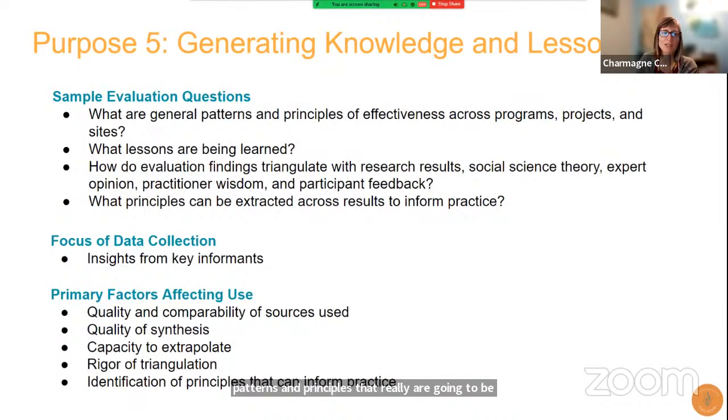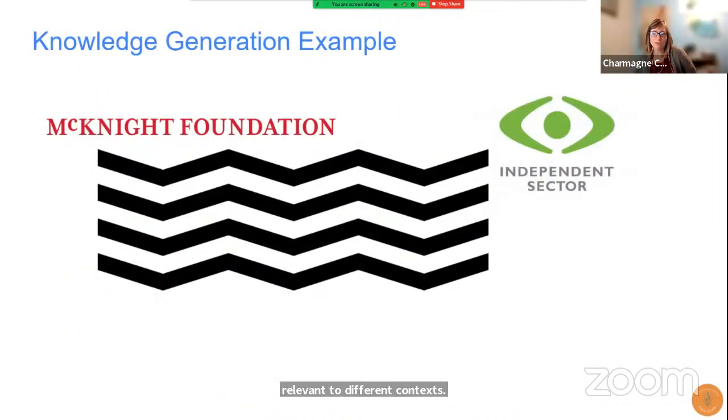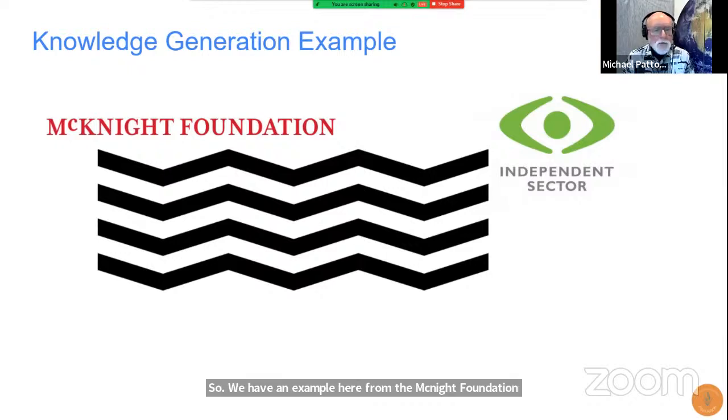So we have an example here from the McKnight Foundation. Do you like to get that one, Michael? Yeah, the McKnight Foundation had us look at their major funding initiatives to extract lessons about the success factors involved. It was one of the first lessons learned evaluations I ever did.